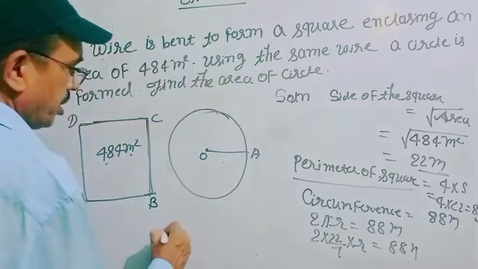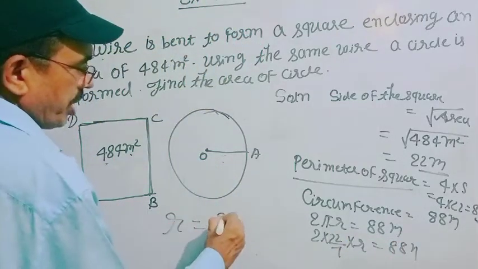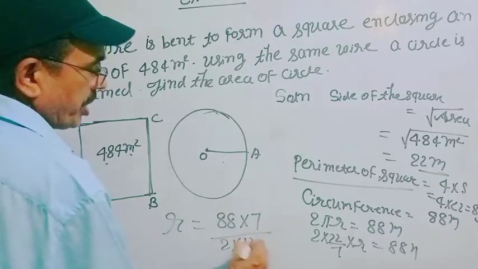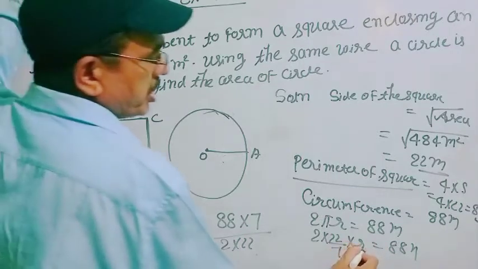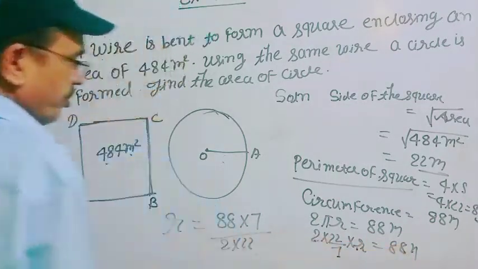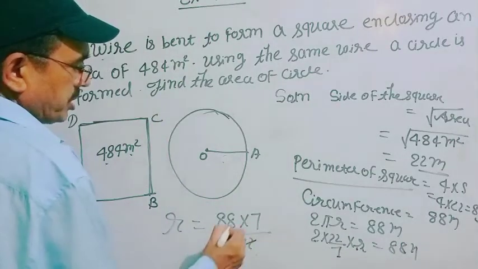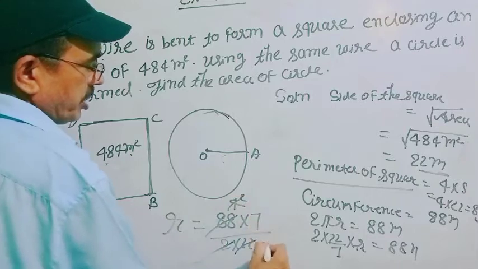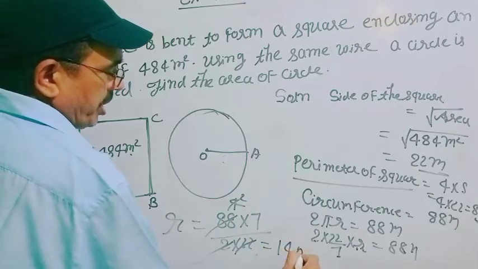Then what is r? Then r is equal to 88 into 7 by 2 into 22. Here 22 4s are cancelled, and 2 is cancelled. Then it is equal to 14 meter.